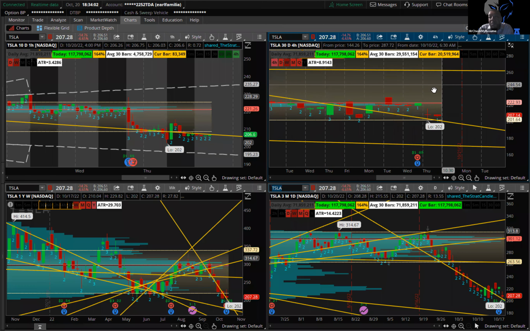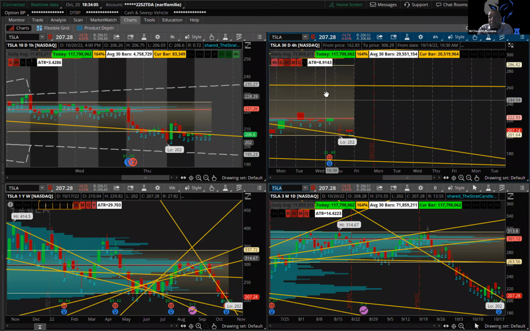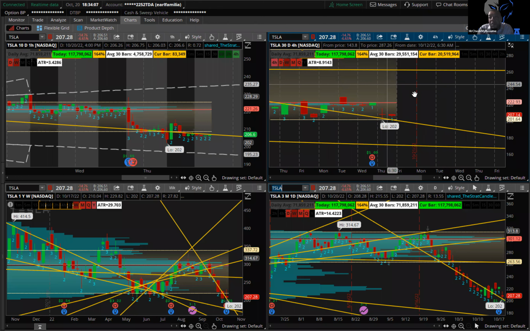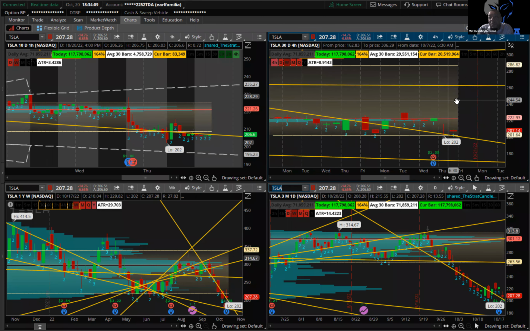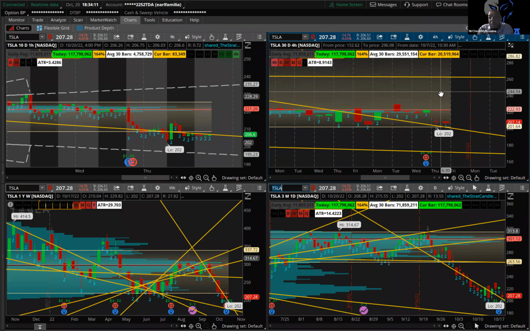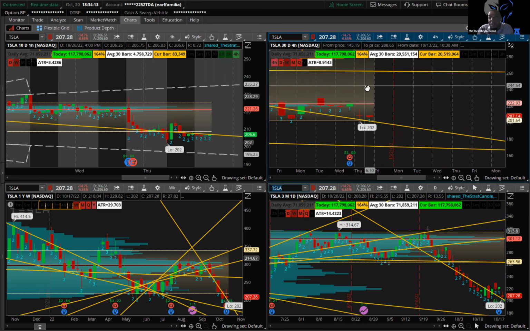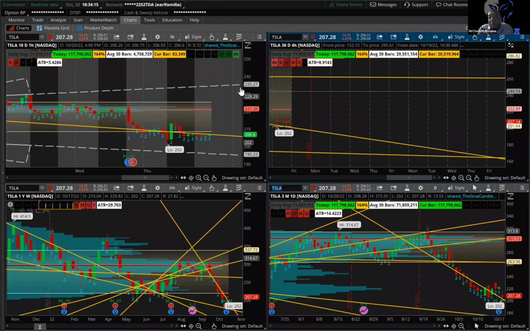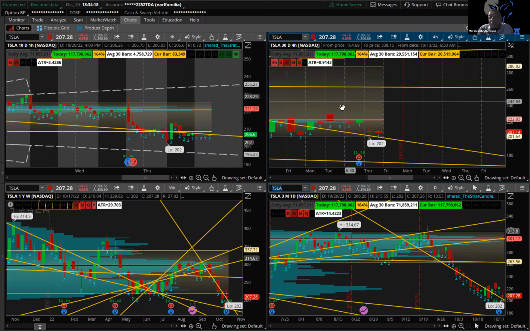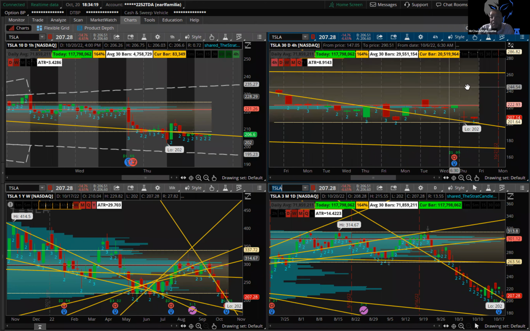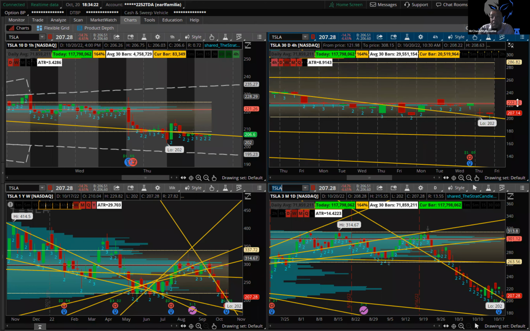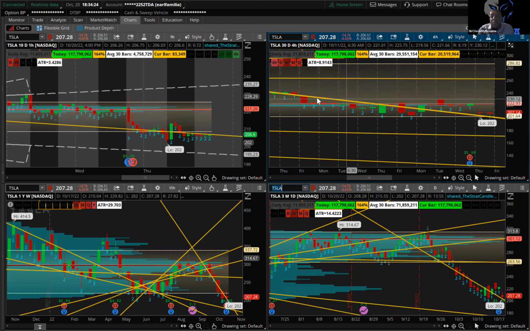But yeah, it's following this broad formation. I don't know how long it's going to take for it to decide to finally reverse, but this thing is going this way, down to about 160. But the funny thing is, it's just riding this broad formation.